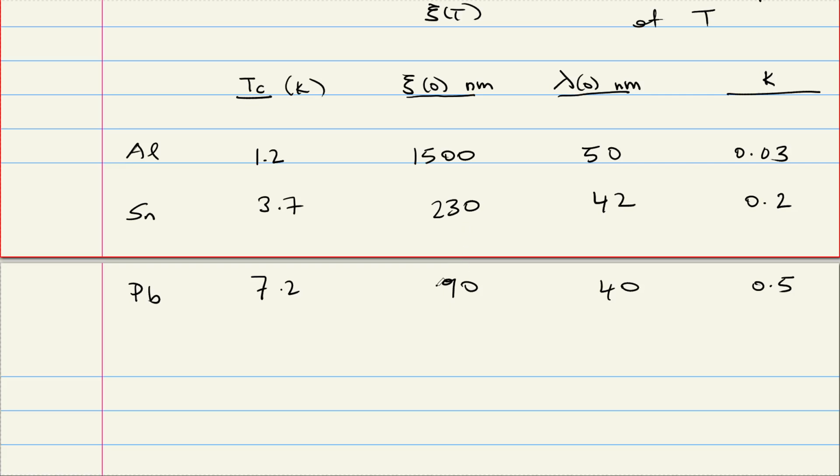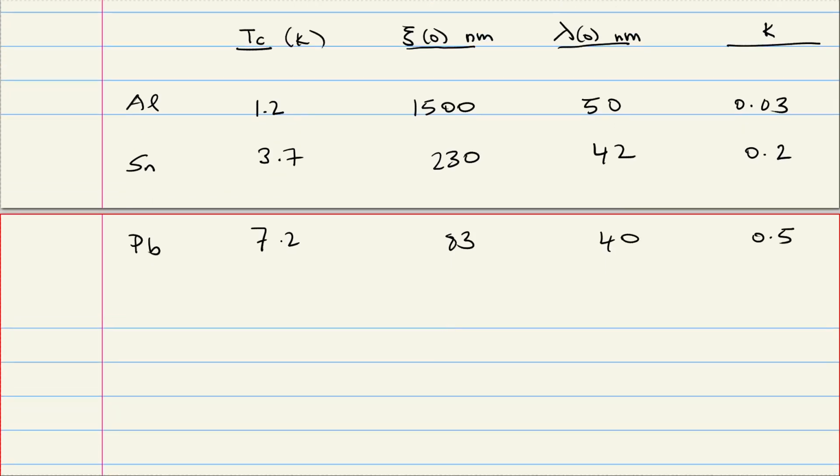Lead is not, 83. But this is probably a little more up to date, right? This book is like 30 years old. But now I think this makes sense, right? This side is correct. Good. Thanks a lot.